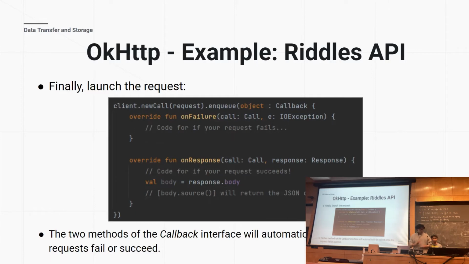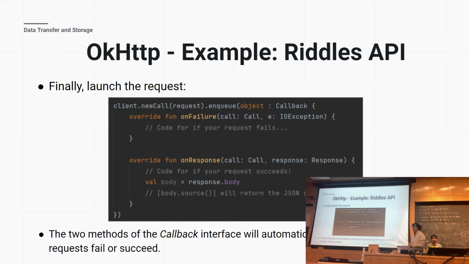Finally, to actually launch a request, we need to do all this standard code. And all this does is say, hey, now that we've made the request, you need to be able to handle what happens. And here we have an onFailure and onResponse. So it says, after everything's happened, there will be a callback, and it will either fail or succeed.